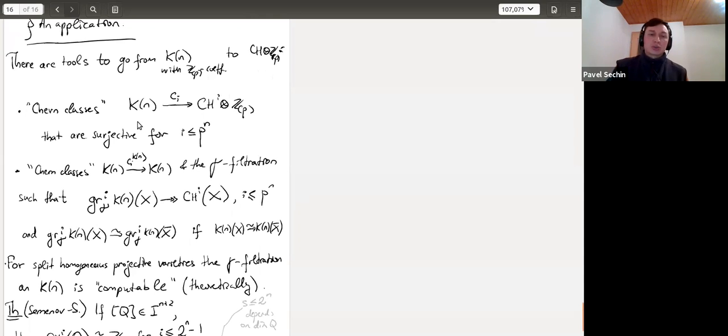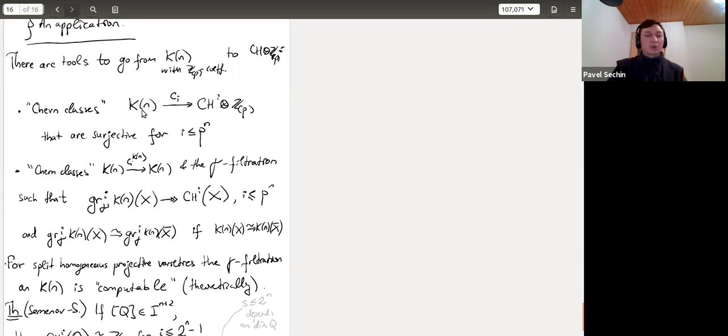The first such tool is what I call Chern classes, though they're not Chern classes in the usual understanding, not in the understanding that I presented in the beginning of this talk. But these are some operations from K(n) to Chow groups, satisfying some axioms and so on. What's important is that they're surjective for quite a number of codimensions.